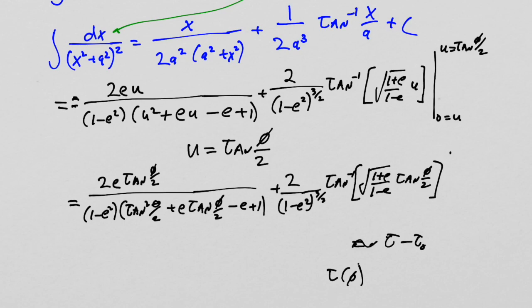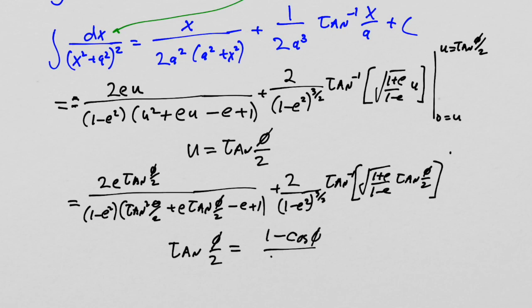The basic way of simplifying this is you write tangent of phi over 2 equals the square root of 1 minus cosine phi over 1 plus cosine phi, or that it also equals sine phi over 1 plus cosine phi.